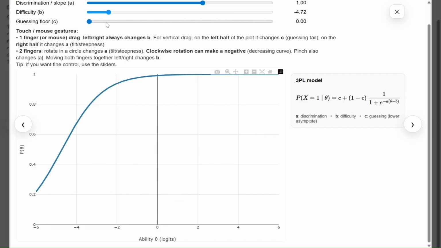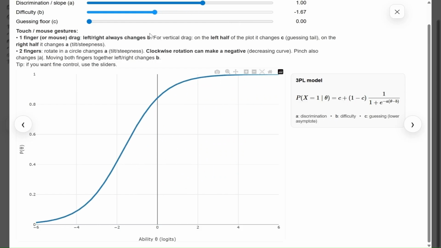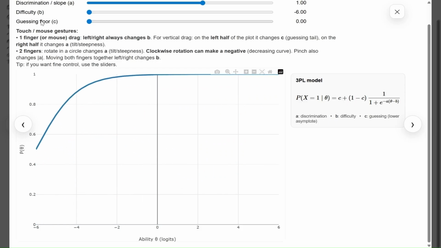While on the opposite side, if we go like that, this one is called the flooring effect, because the majority of students are on the floor of the logistic function. While here, sorry, let me put that fixed. I won't change the discrimination. While here like that, it will be easy because we decreased the difficulty B. So it will be easy.